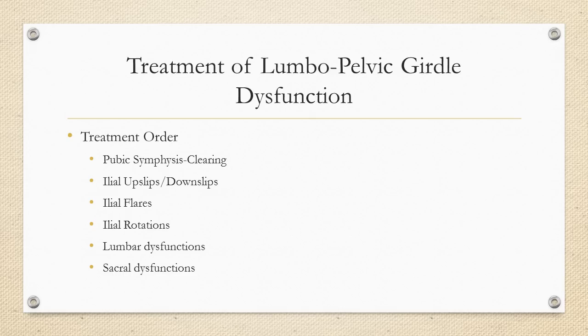Sacral dysfunctions, this is often an area that people tend to forget. Usually when they think of SI joint dysfunction, they primarily stop at the ilial rotations. And granted, with the ilium and the sacrum interacting, that can certainly cause a lot of complaints to the SI joint. But if the sacrum is nutated or counter-nutated, or has a forward or backward rotation or torsion, it is going to affect, again, the length tension relationship of the piriformis and any of the muscles that attach to the sacrum or to the hip.